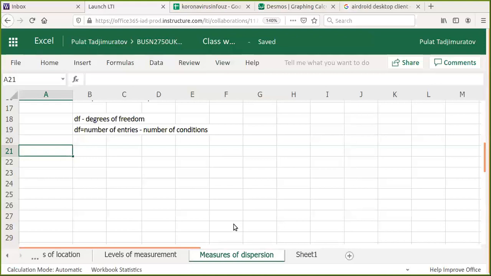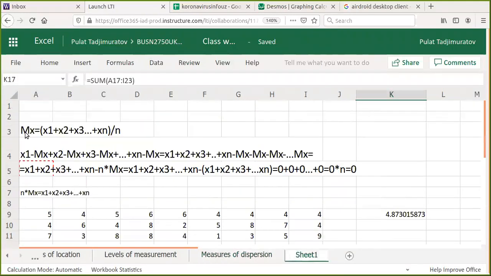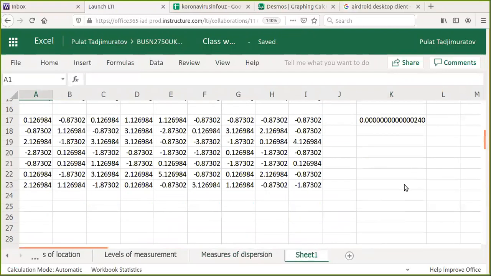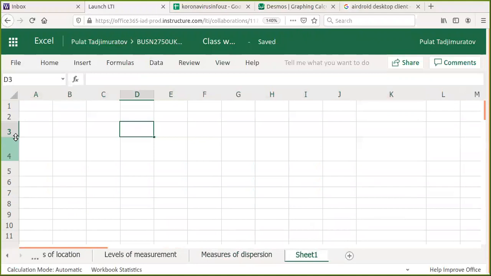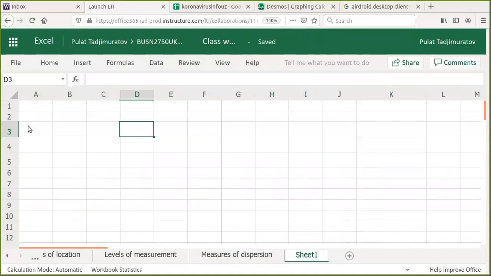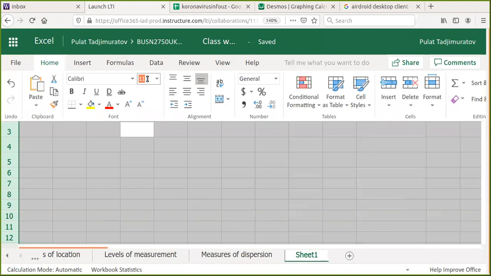So there's a thing called the Chebyshev rule, and I guess we better look at some examples for that. But first I will bring my cells back to normal. It was 11.